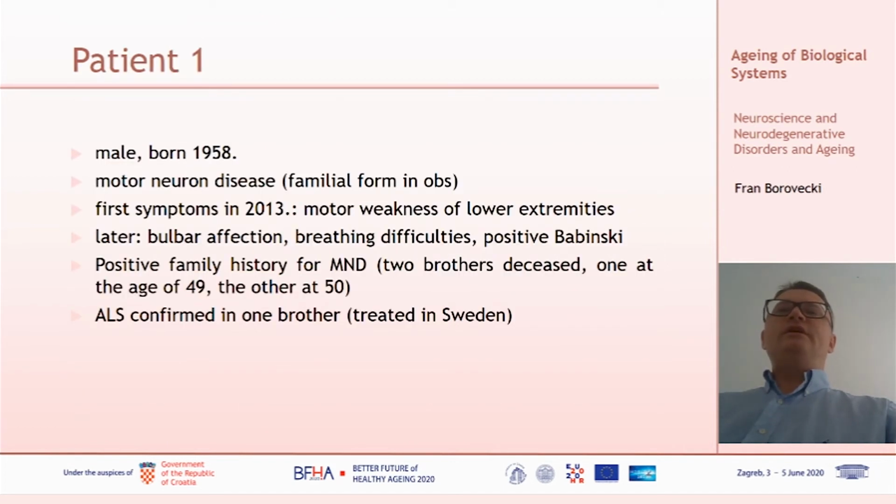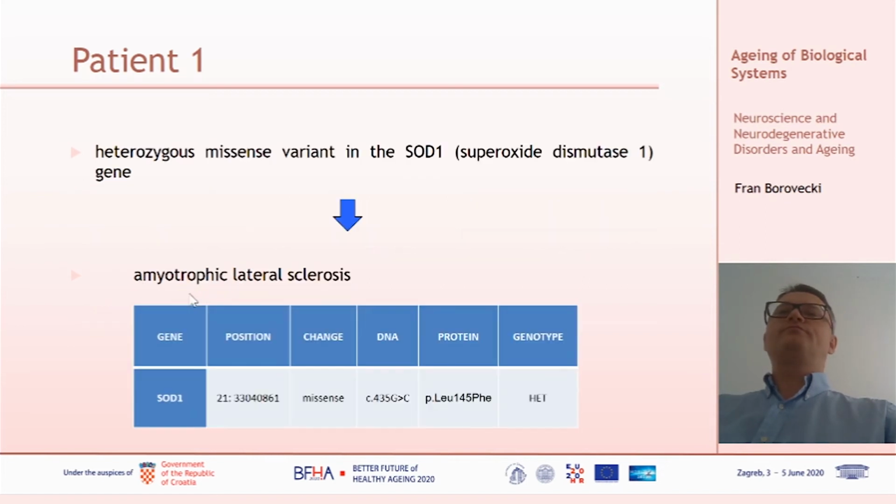One example: a male born in 1958. He was diagnosed with motor neuron disease. The first symptoms set in 2013 with motor weakness of the lower extremities. Later, there was bulbar involvement, breathing difficulties, and a positive Babinski. He had a positive family history for motor neuron diseases, and in one of his brothers, who was treated in Sweden, ALS was confirmed.